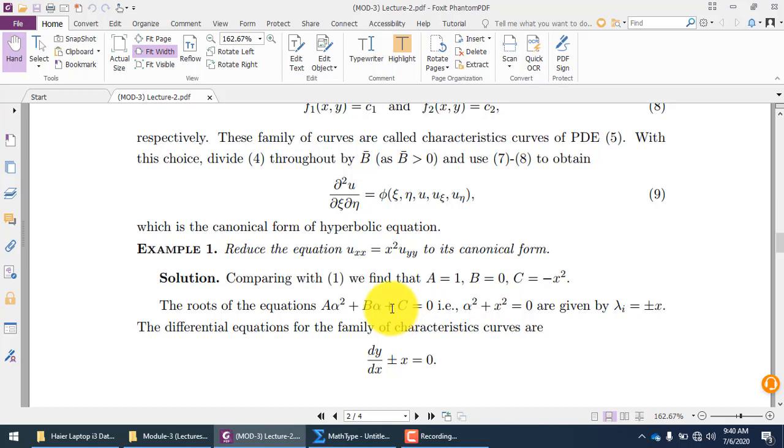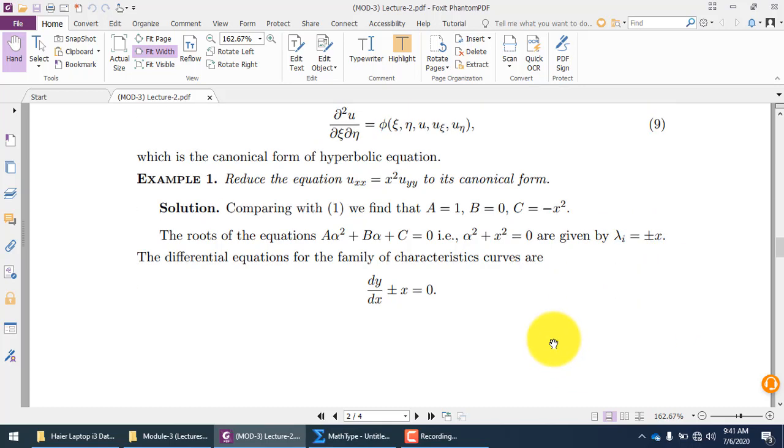When c is minus x square, there will be a minus. I think there is a mistake. And alpha will have 2 values, plus x and minus x. So lambda 1 will be x and lambda 2 will be minus x. There are 2 roots. If you are having a problem, you can name them alpha 1 and alpha 2, the names of the roots. But I have generally named the roots lambda 1 and lambda 2.